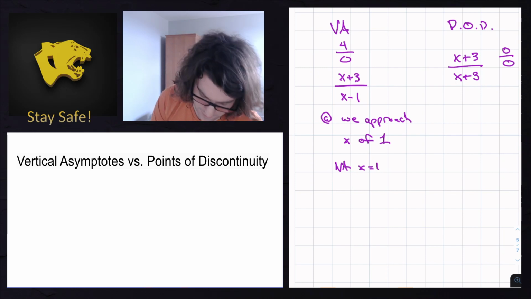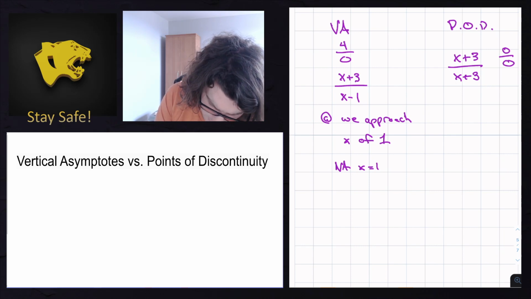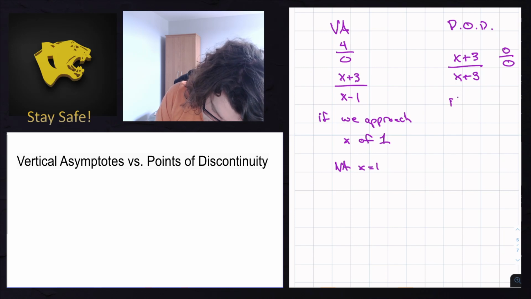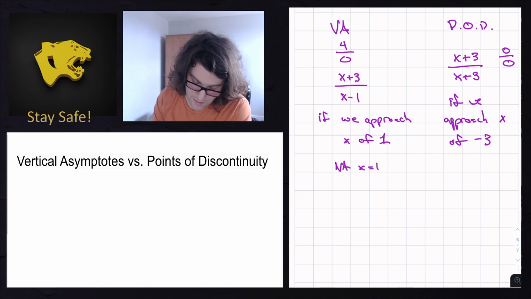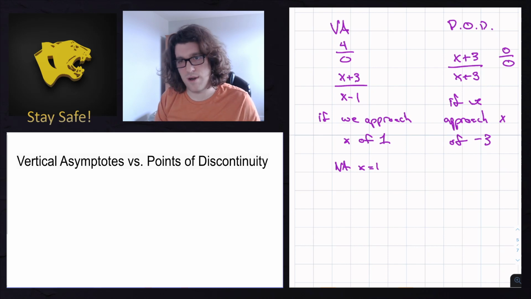So if we approach x of -3 in this particular case, then we would get towards this 0 divided by 0.